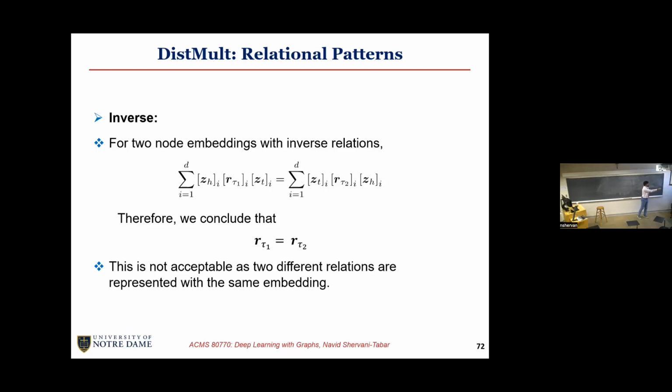So essentially, I will have the same embeddings for both relation types tau1 and tau2. That's not acceptable, because we want different embeddings that represent different types of relations.